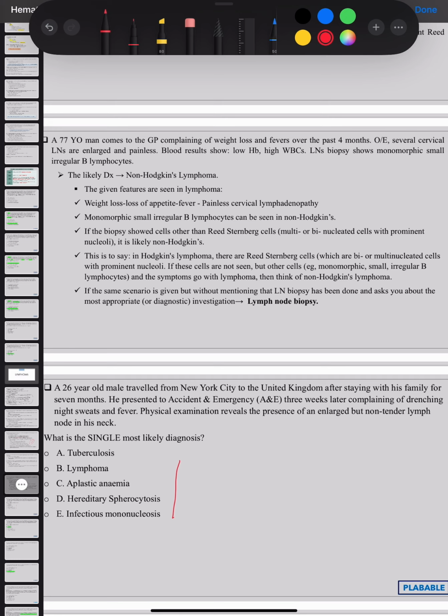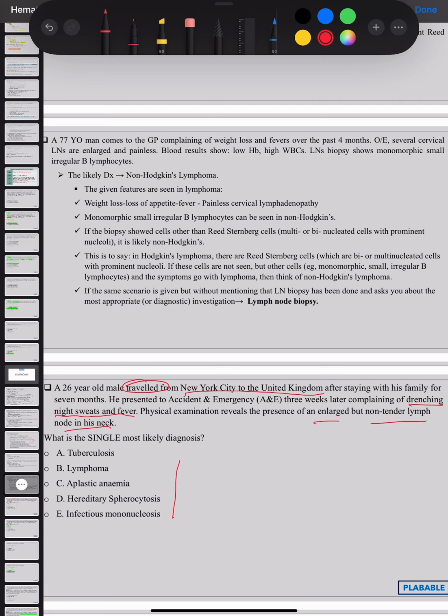So that's from the last line. Physical examination reveals the presence of an enlarged but non-tender lymph node in the neck. Okay, and the patient is complaining about weight loss, night sweats, and fever. And the patient has a travel history from New York City to the United Kingdom.